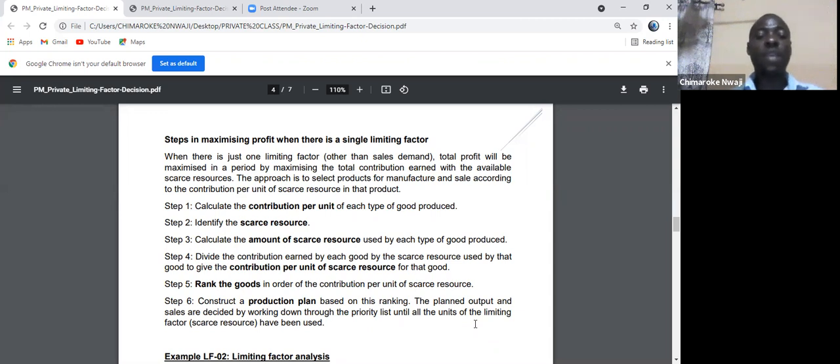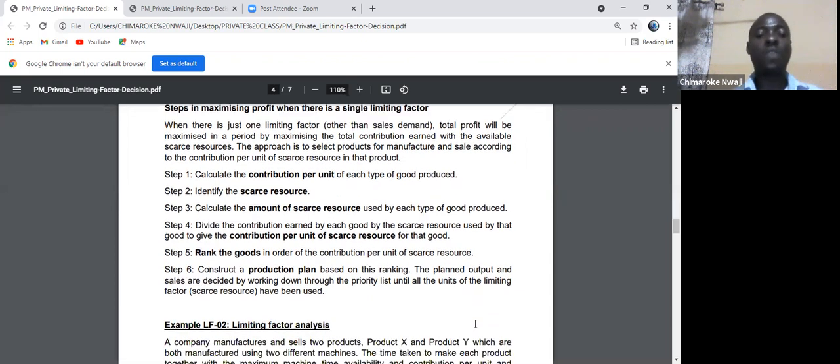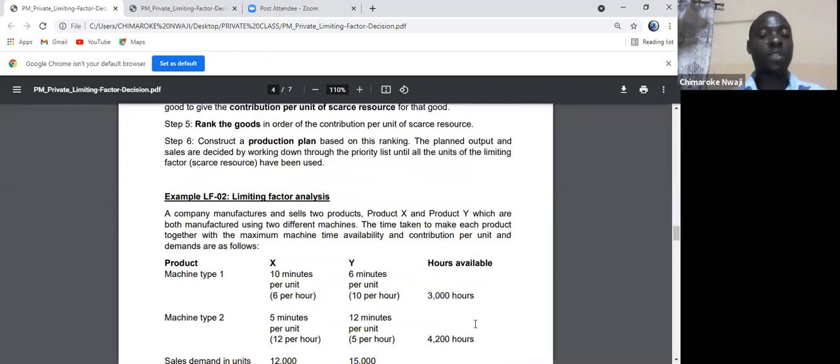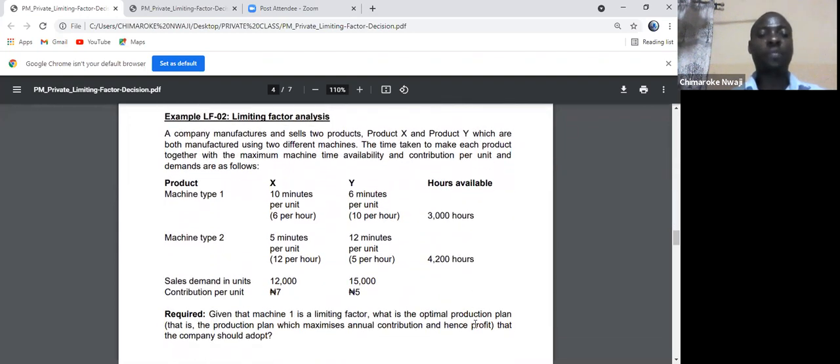Okay, so let's look at example LF02 limiting factor analysis and see how we can solve a question. All right, so a company manufactures and sells 2 products, product X and Y, which are both manufactured using 2 different machines.